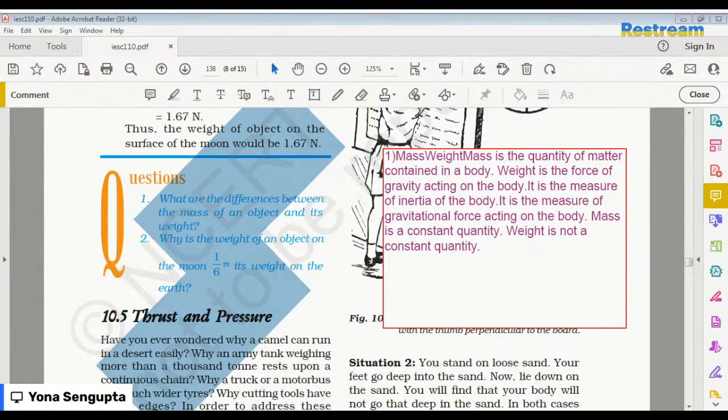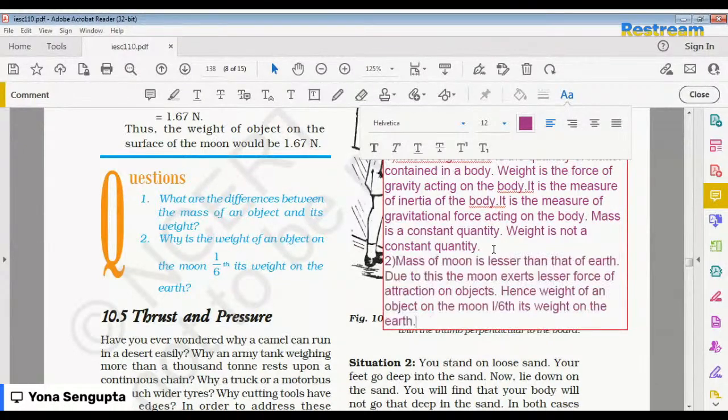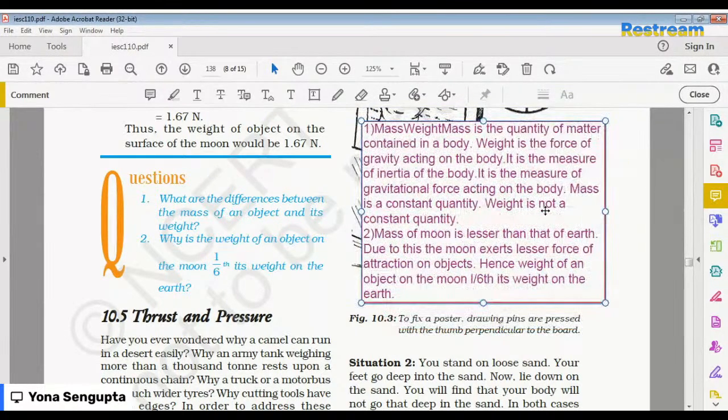Okay, basically I'll explain to you what I meant by saying these lines. Okay, so we know that the weight of an object is W equals mg. Here m is mass of the object and g is the acceleration due to gravity.